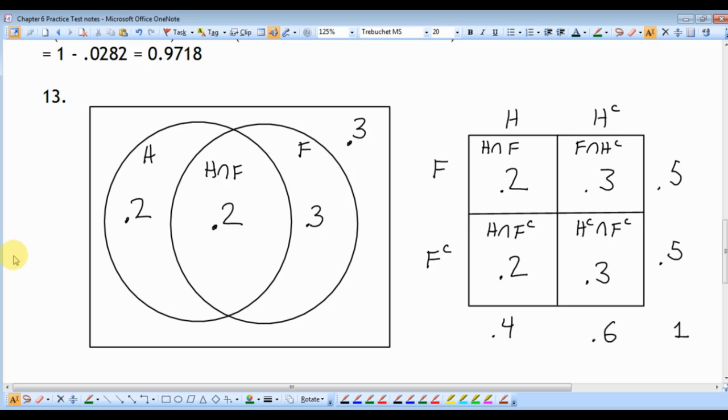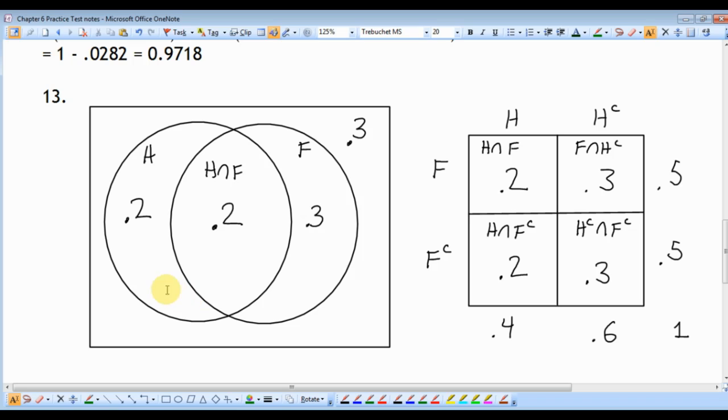Whenever I fill these out, I always wait to put any numbers in until I see an intersection, because that is going to be the big determining factor here, the common ground. So as soon as we read that the probability that both of them are going to admit Mayu into Harvard and Florida is 0.2, that allows us to fill out the rest of the chart.